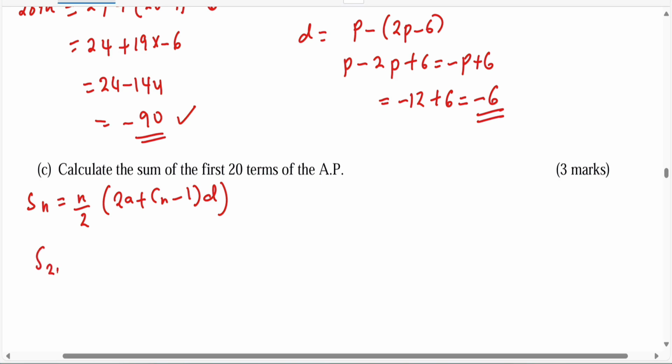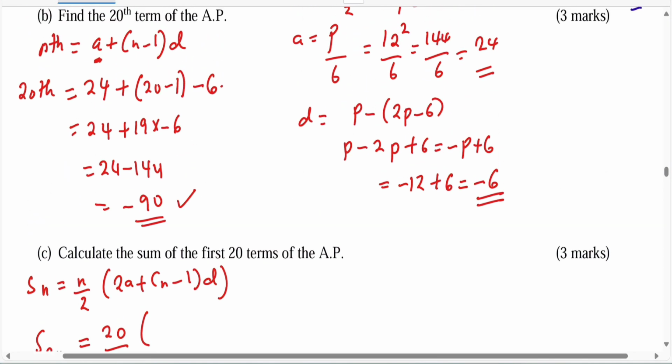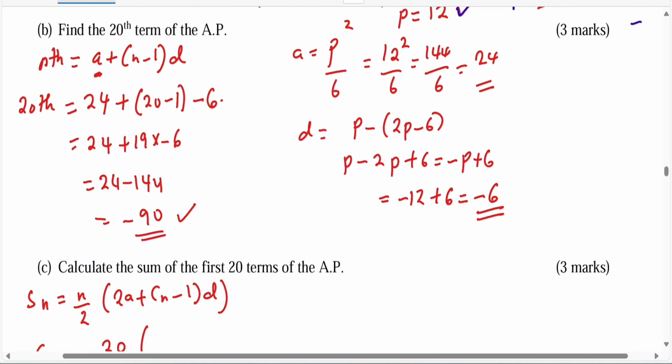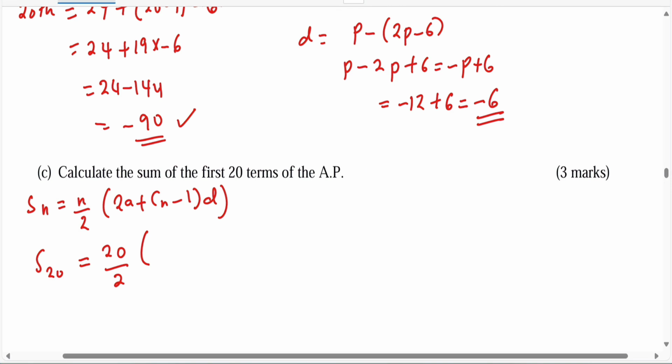So the sum of 20 terms, n is 20 divided by 2 into bracket, our a we know. Our a we found, and what did we say it is? It is 24. So here 2 times your a, which is 24, plus n minus 1, which is 20 minus 1, times your common difference, which is negative 6.